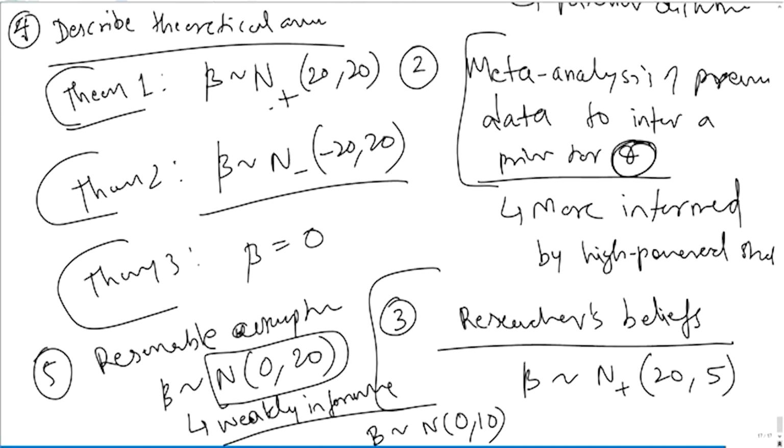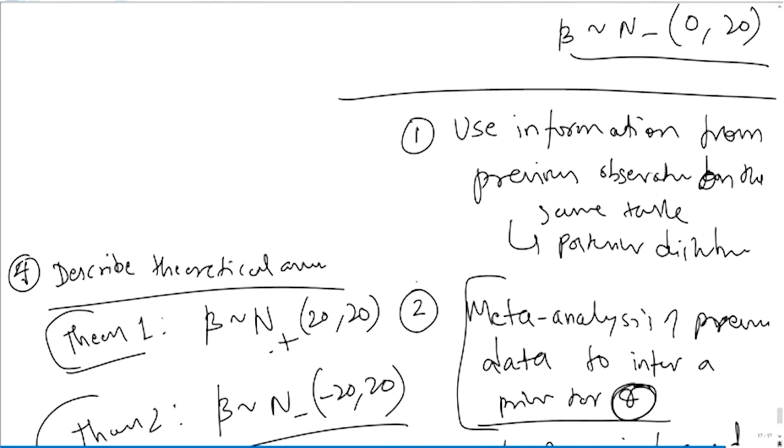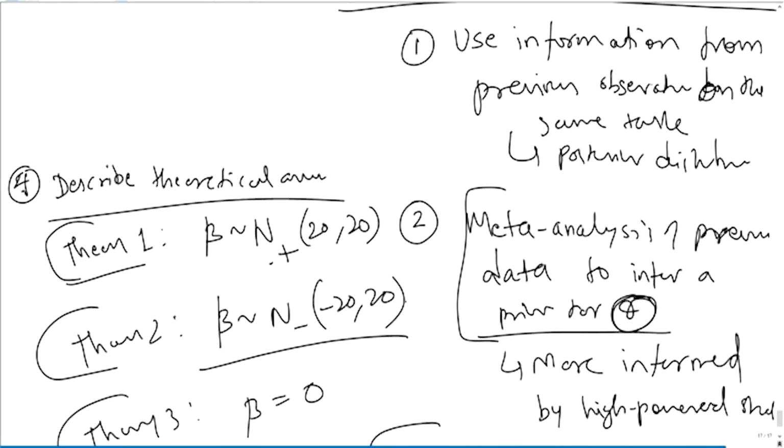Okay, and then you can say that, well, under these prior assumptions, the model is doing well. Under these prior assumptions, the model is doing badly, right? So that's why this becomes very important as well. So these are the 5 ways in which you can specify priors, right? If you have information from previous studies, you can use that information as a prior directly.